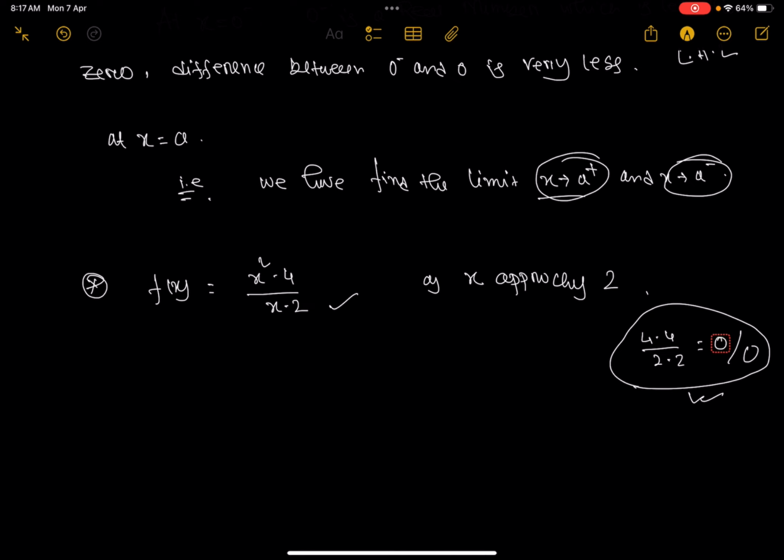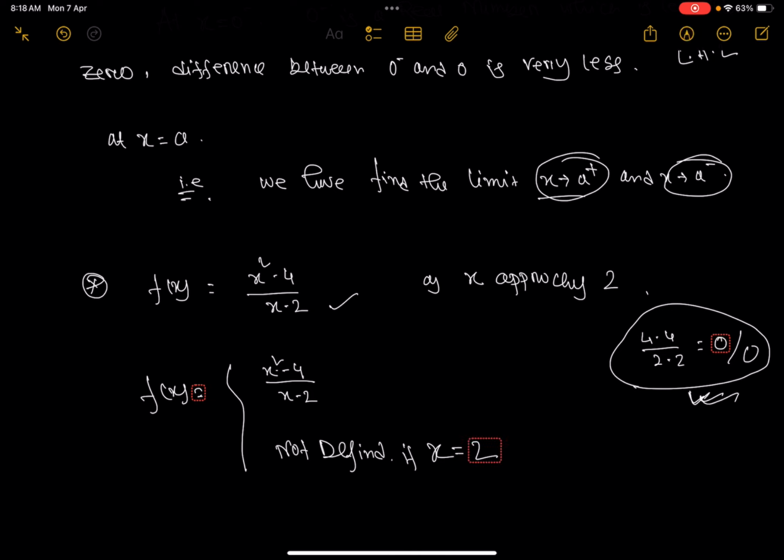Okay, then define the function f of x. What is f of x? x square minus 4 by x minus 2, or not defined. When not defined? If x equal to 2, this is an indeterminate form, this is not defined.